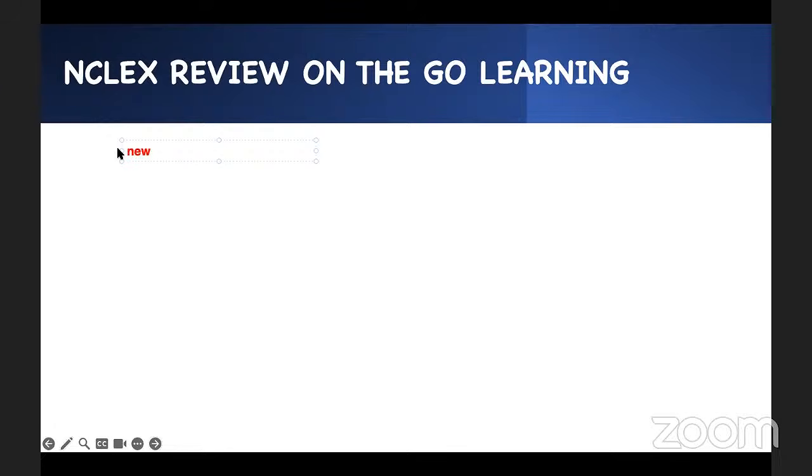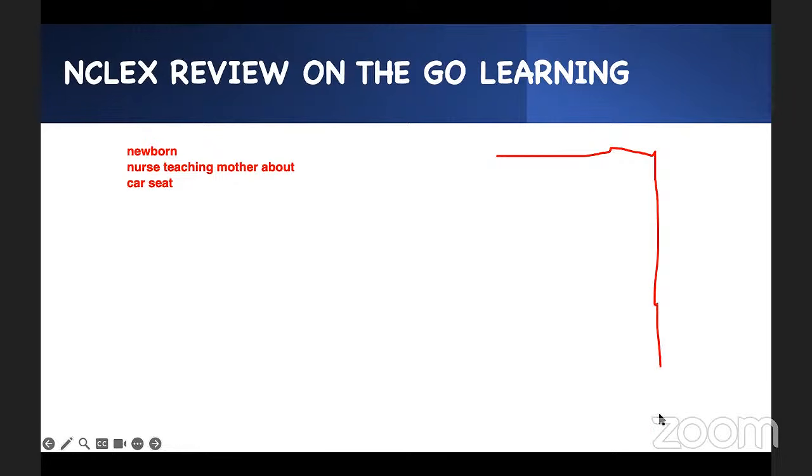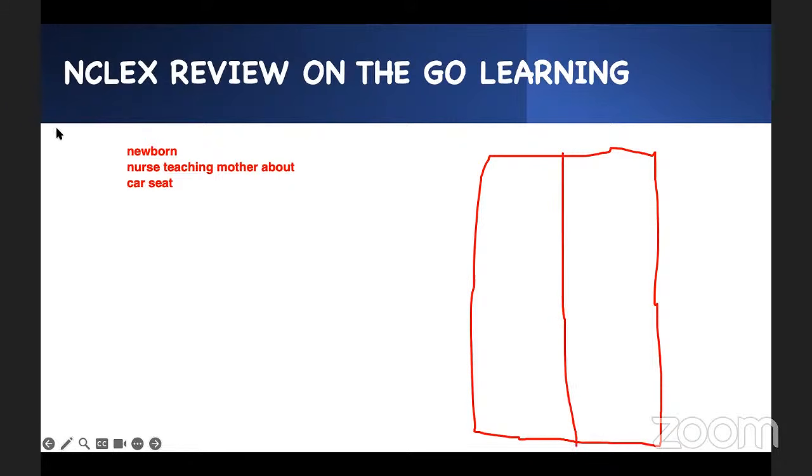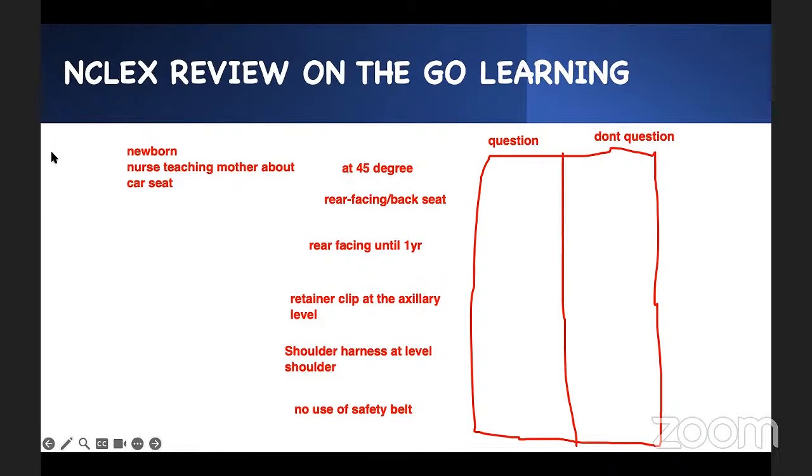Question that was asked. You have a newborn, okay? The nurse is teaching the mother about car seats. Which of these should you question, or the charge nurse should intervene? So this is the infant.